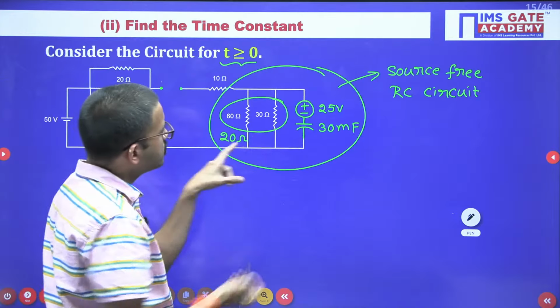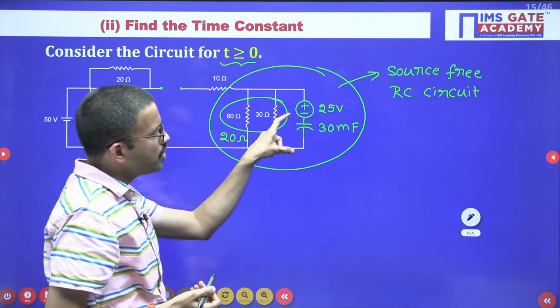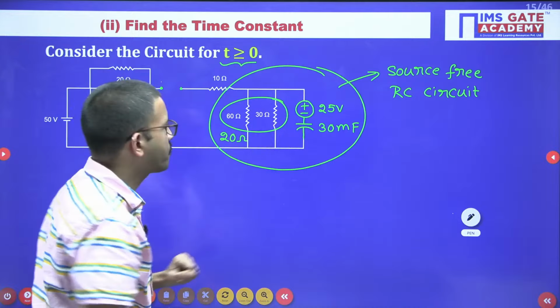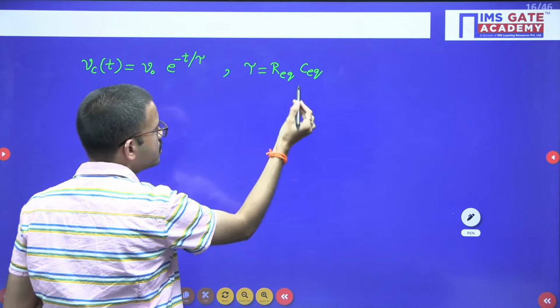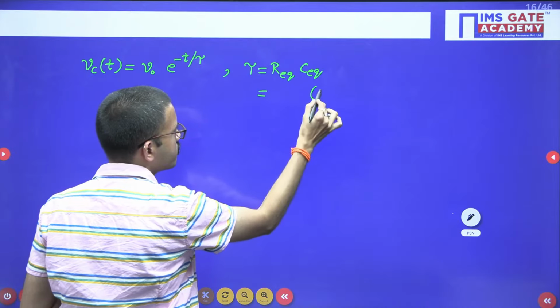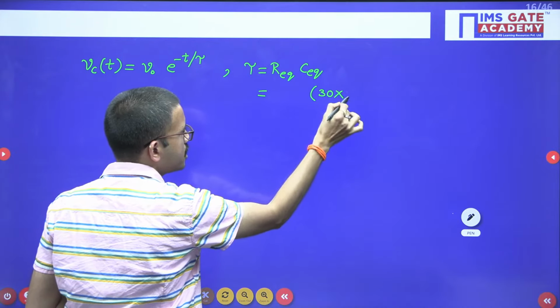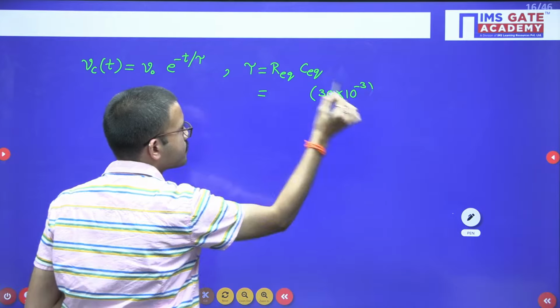If you observe this part of the circuit, you are having only one capacitor, 30 millifarad, right? So obviously C equivalent is 30 millifarad. Milli is nothing but 10 power minus 3.